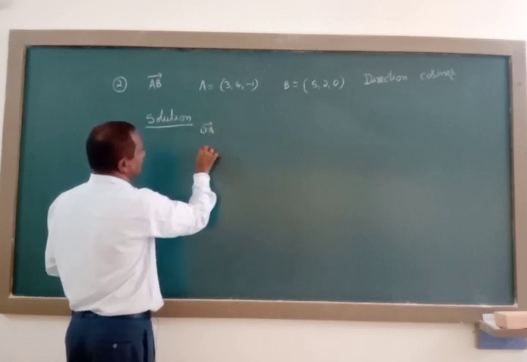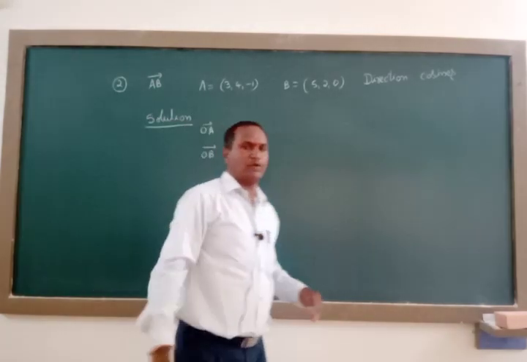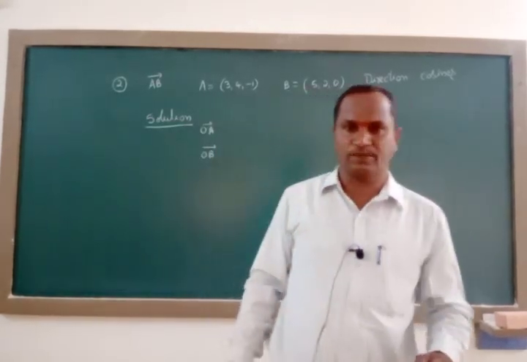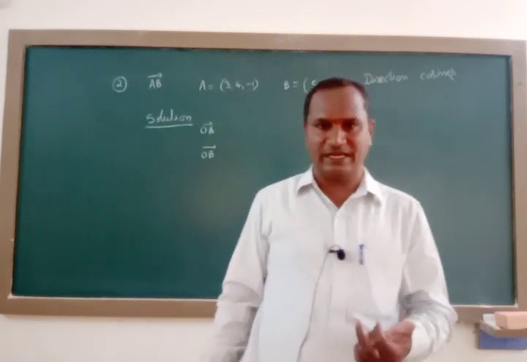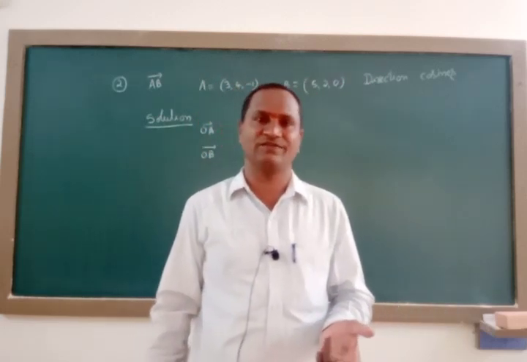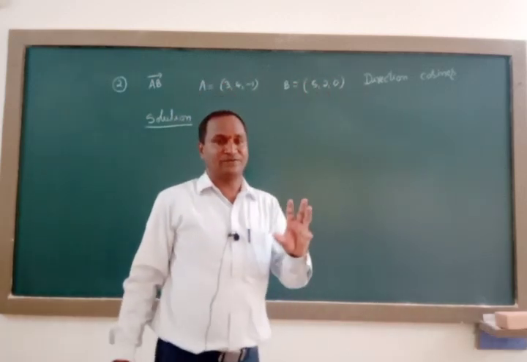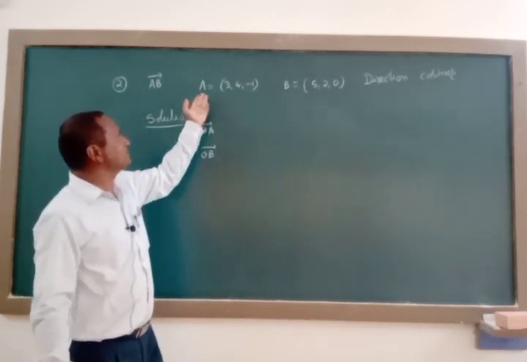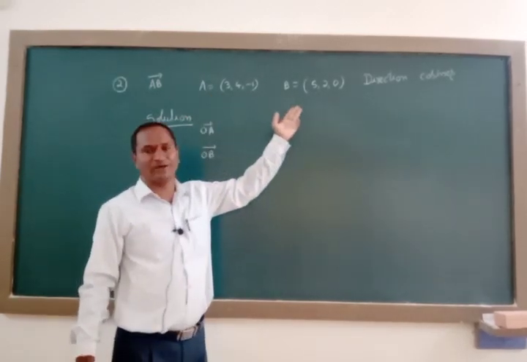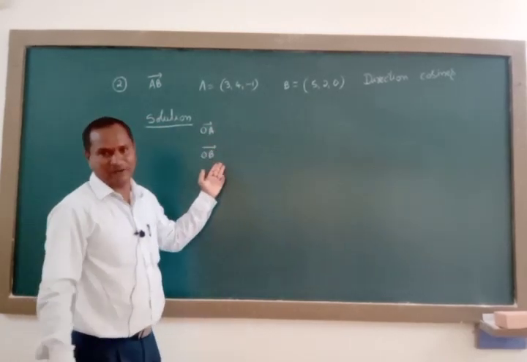If you hear either of the two words, points or position vectors of the points, directly consider them with the letter O first, like O A bar, because the given points are A, B only. That's why here I considered OA bar and OB bar.